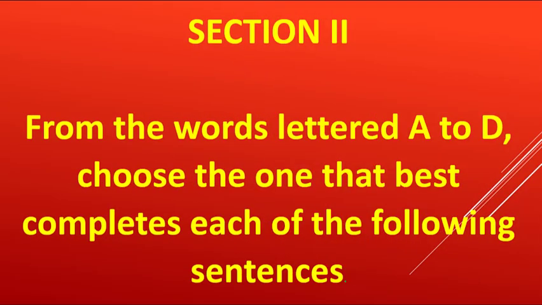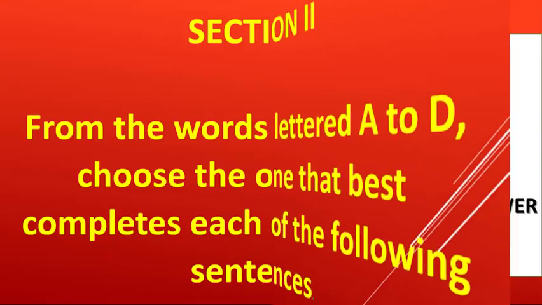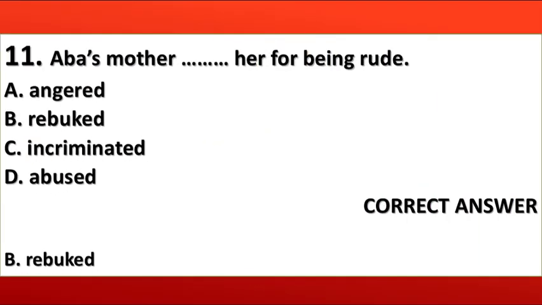Section II. From the words lettered A to D, choose the one that best completes each of the following sentences. Question 11. Abel's mother dashed her for being rude. A. Abel's mother angered her for being rude.